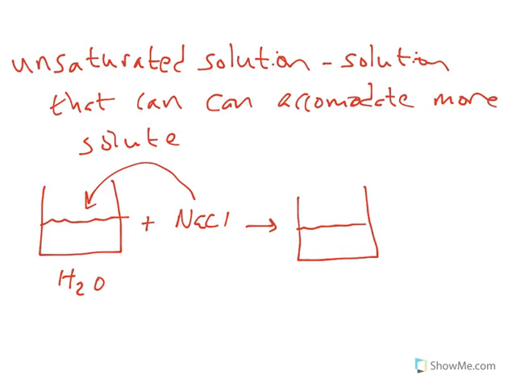So let me get rid of that picture. So this would be H2O as your solvent and NaCl as your solute. And if it is unsaturated, you can add more sodium chloride and you maintain a solution.